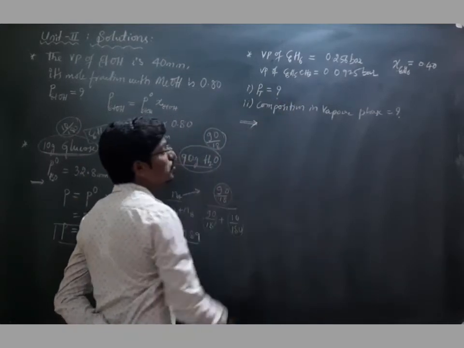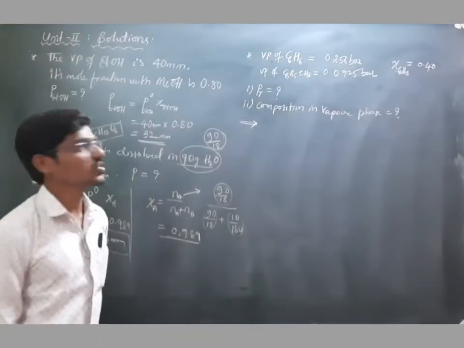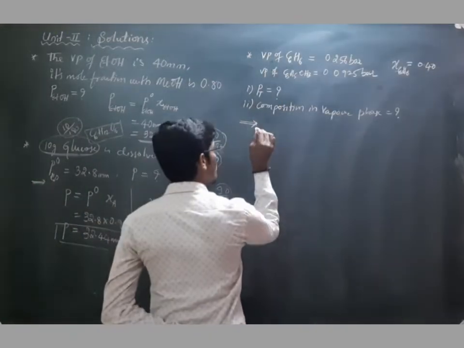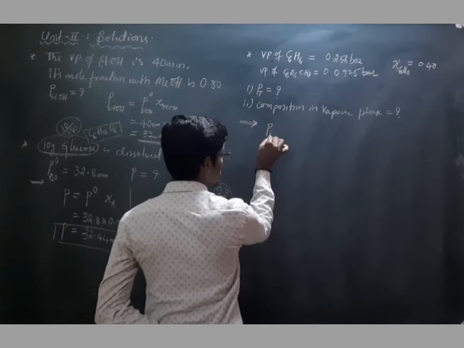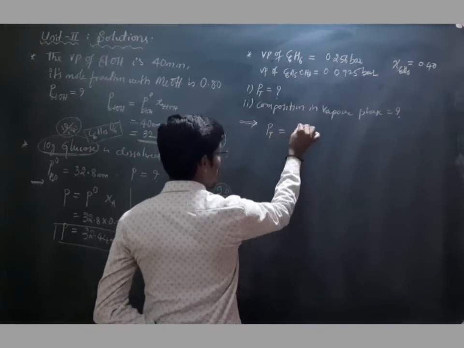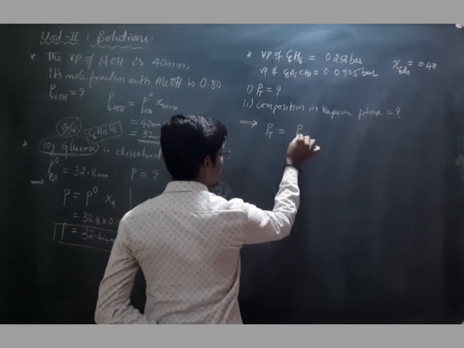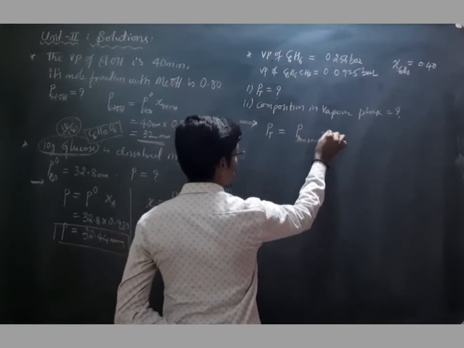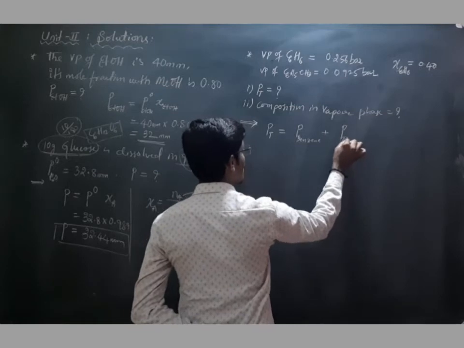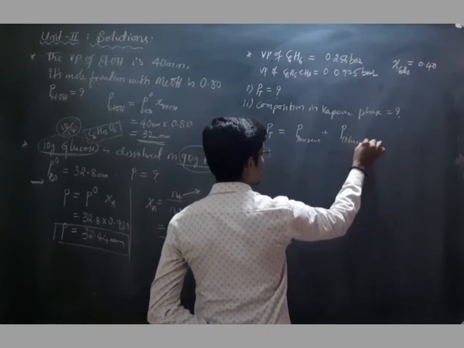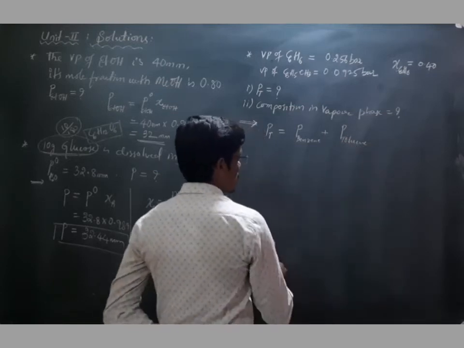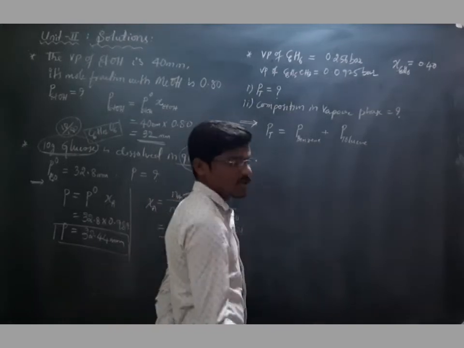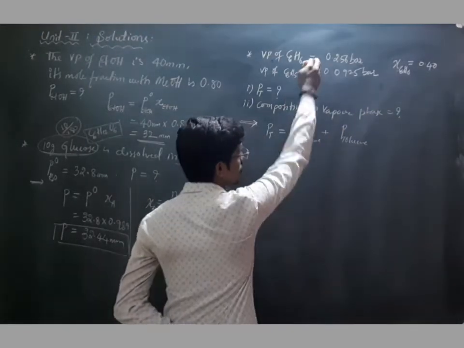So what is the total pressure of the solution? Here total pressure PT is equal to the partial pressure of benzene plus the partial pressure of toluene. Now the partial pressures of benzene and toluene are not given, but in pure form it is given.